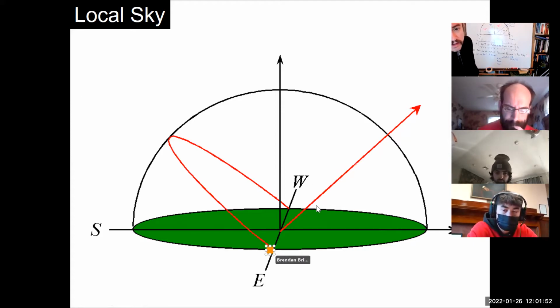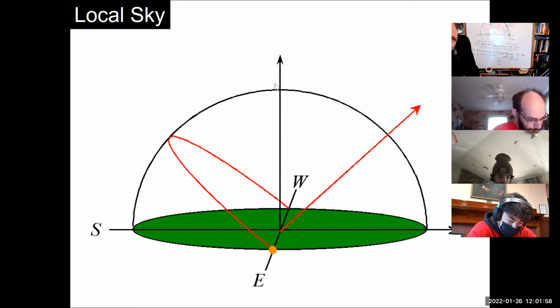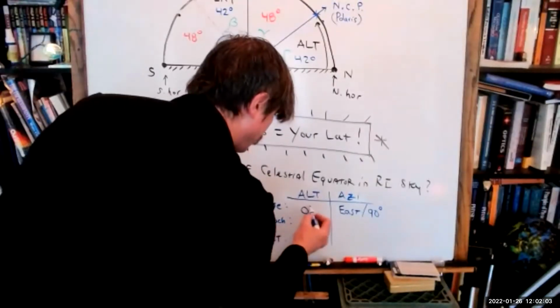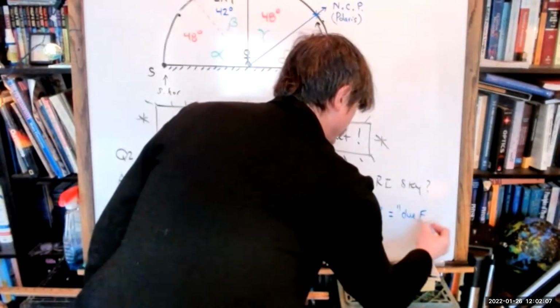Yeah, it's on your horizon. Mm-hmm. So boom, its altitude is 0. Very good. So it's 0 degrees east, or that's actually the same as saying due east. Due east is a way of saying east on your horizon.